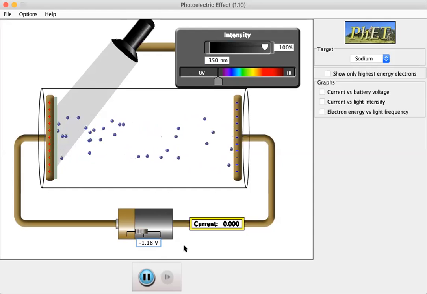And I will continue to decrease the wavelength in steps of 50 nanometers till I get a table of results with at least 5 data points. And I will show it to you in a moment.